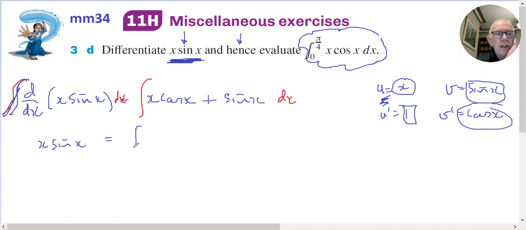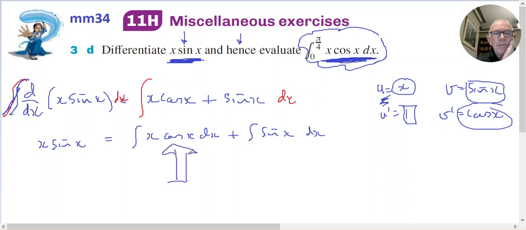That's going to equal the antiderivative of x cos of x dx plus the antiderivative of sine of x dx. Now, the game of integration by recognition, I can see that there. There it is, x cos of x dx, integral.